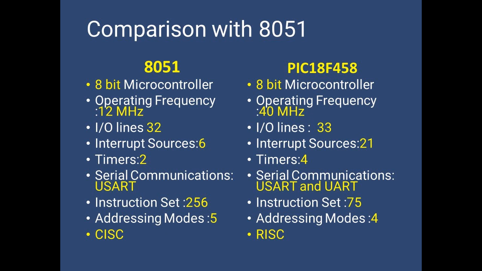It has a different kind of architecture that makes it possible to run on 75 instructions, whereas the 8051 has a different architecture which makes it possible to have the full instruction set. If you compare the PIC series with the 8051, the PIC microcontrollers are far better and far more powerful than the core 8051 microcontrollers.